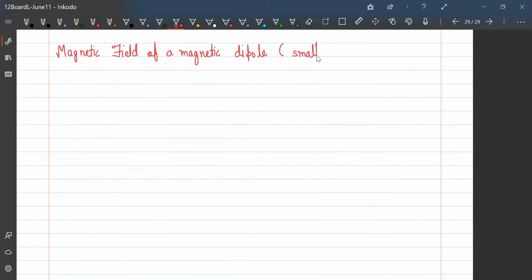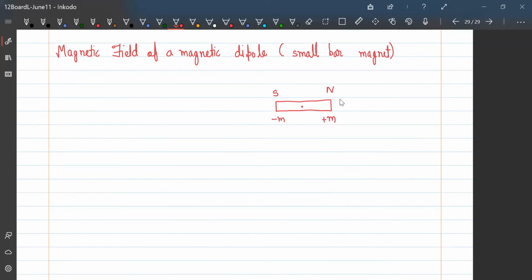A small bar magnet. I'm not talking about a big bar magnet, because a big bar magnet is made up of very small magnets. So a small bar magnet like this has two poles, south and north. We can take north as plus m and south as minus m.